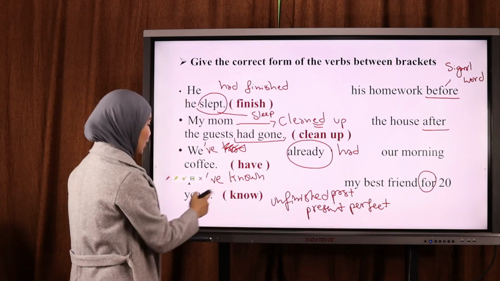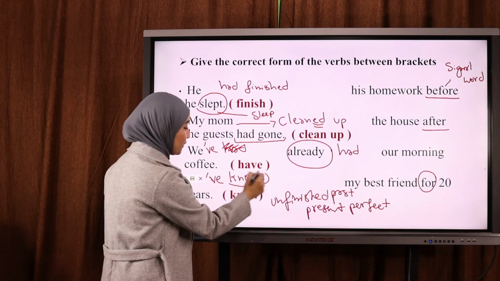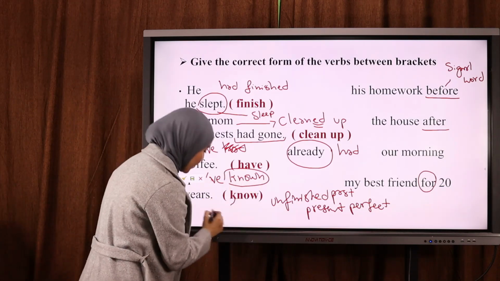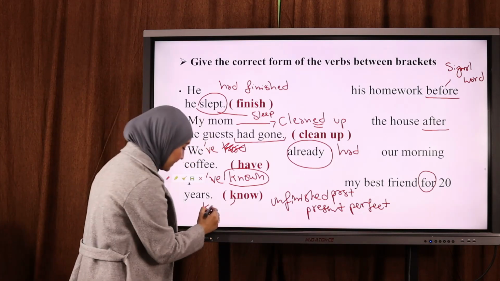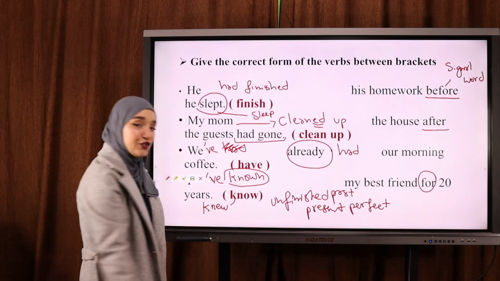Okay, so I've known. Apostrophe VE, known. So known is the past participle of the verb know. Because know in the past is an irregular verb, فعل شاذ. So in the past, في الماضي, knew. And the past participle is known.